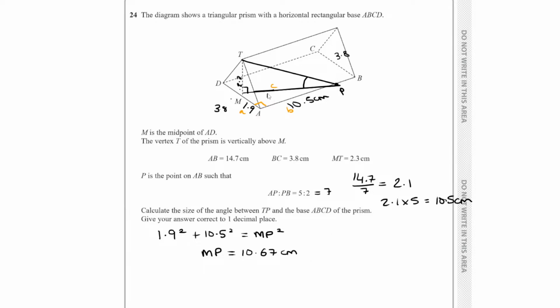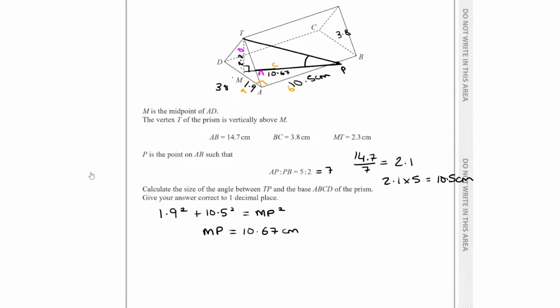So now I know this one. Now we can focus back on the original triangle, TMP, which is now trig, isn't it? Because I want to know an angle. So I label just 2 sides that are relevant, which is the opposite and the adjacent, because those are the 2 that I have. The hypotenuse is not relevant to me. So that means I need to use tan, because it's an angle.